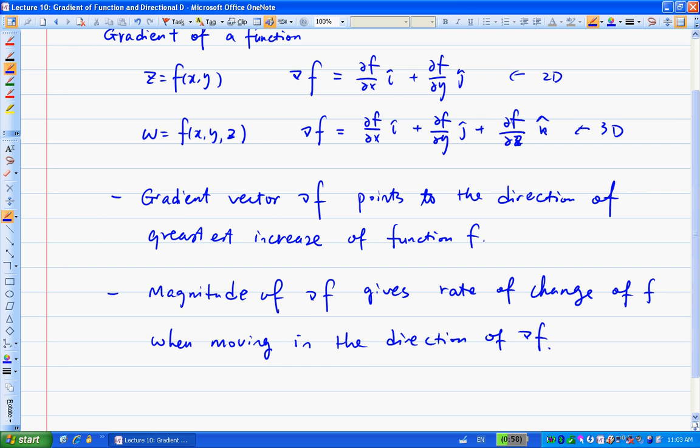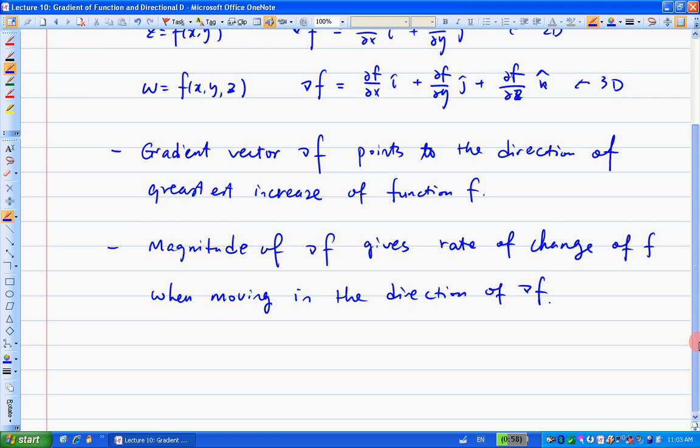So these are the two basic physical meanings that you need to remember regarding the gradient vector of a function f. All right. So that's the gradient of a function.